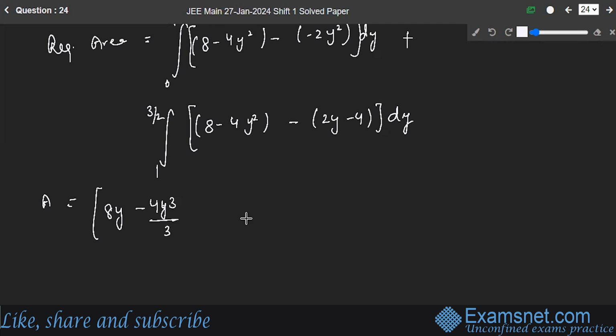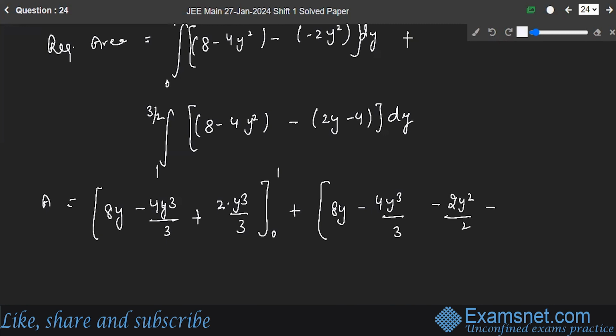Right. 4y cube upon 3, and it's plus minus minus plus. Here will be 2y cube upon 3, limits 0 to 1, plus limits here will be 8y minus 4y cube upon 3 minus 2y square upon 2 minus minus plus 4y, limits was 1 to 3 by 2.